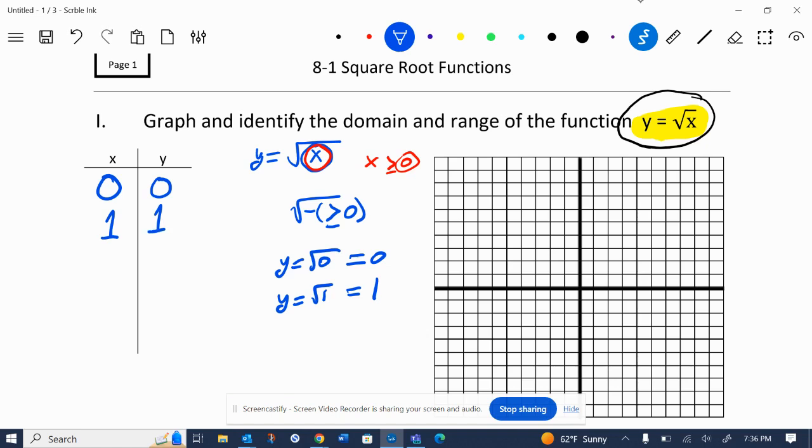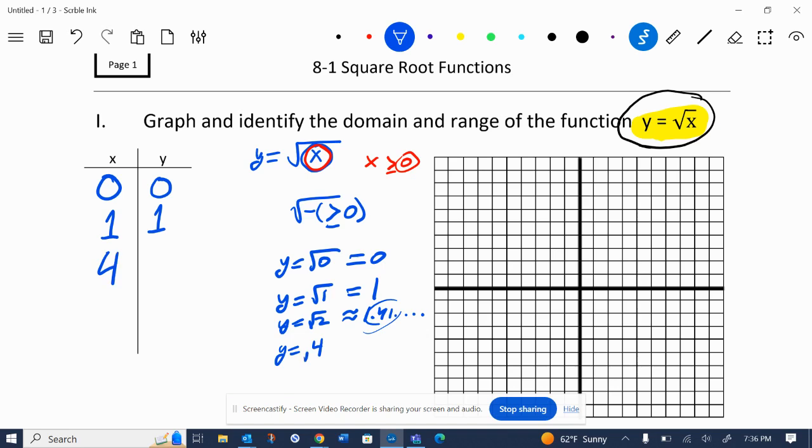Now, if we put 2 in, y equals square root of 2, we get a number that's approximately 1.41 and then some other things after it. You could do that. However, it's a little easier to graph if you can get numbers that are whole numbers or actual integers, negative or positive. So instead, thinking of the fact that perfect squares will give you a nice single number that's not a decimal as the answer, for our next one we can use the number 4.